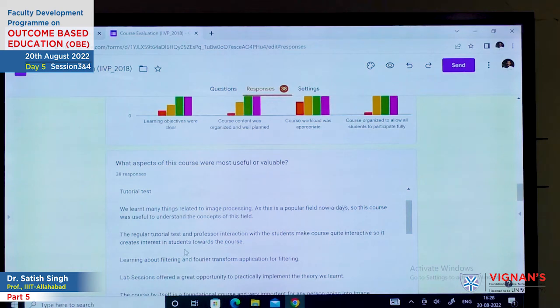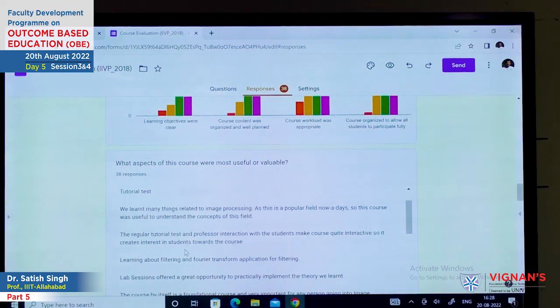Now, many comments you used to get, but these kinds of comments are basically useless. Useful comments are the very critical ones. In every subject, every year, every semester, we used to get some of these kinds of comments.